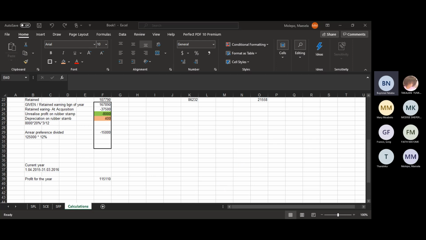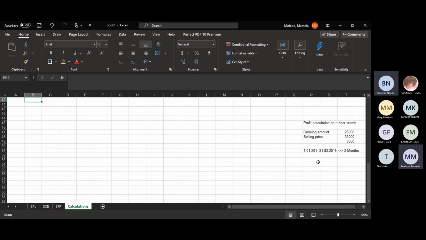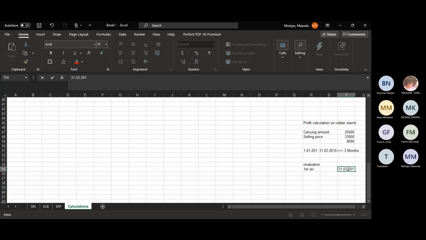Okay. This valuation was correctly accounted for. So now let's do the issue of the revaluation here. The revaluation of Khatebe. The first revaluation was done on 31/03/2013.